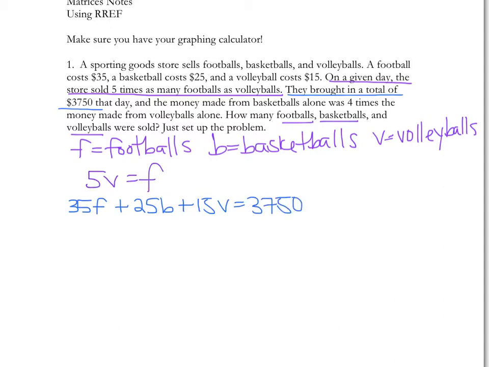And the third part is the money made from basketballs was 4 times the money made from volleyballs. So basketballs is 4 times the volleyballs. But keep in mind that basketballs were $25 and volleyballs were $15. So I've got to include that money in there.